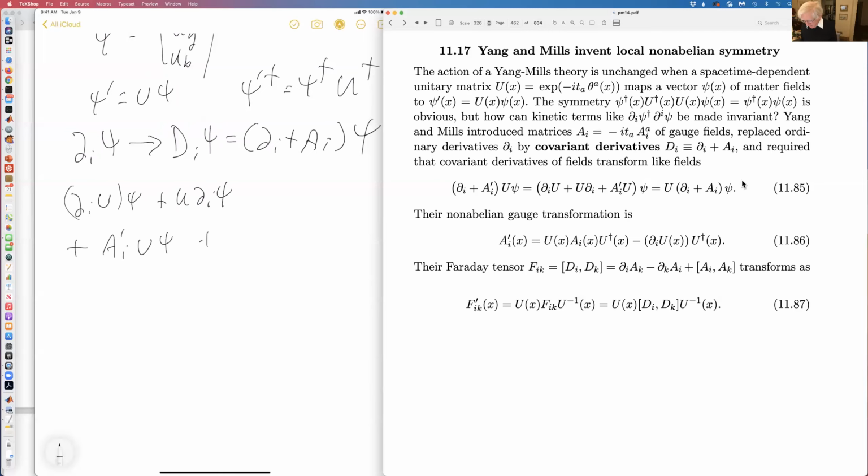That's all there is on the left-hand side. We want that to equal u d_i psi plus u A_i psi. Okay, so we can cancel these two terms.